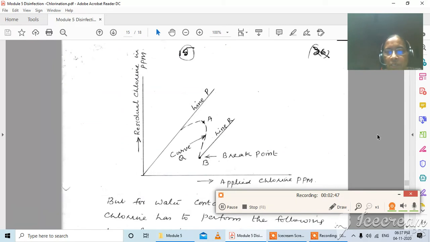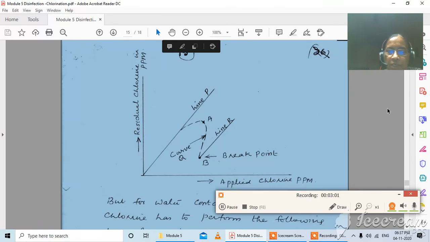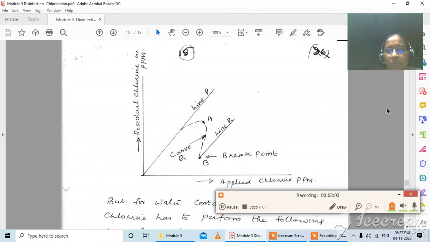That means up to point A the residual chlorine is increased, but along this curve, from x to A, the residual chlorine is not the same as the chlorine dose. It is a little bit reduced. That means there is certain chlorine demand.